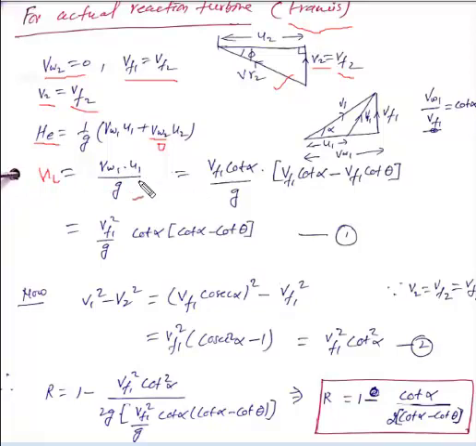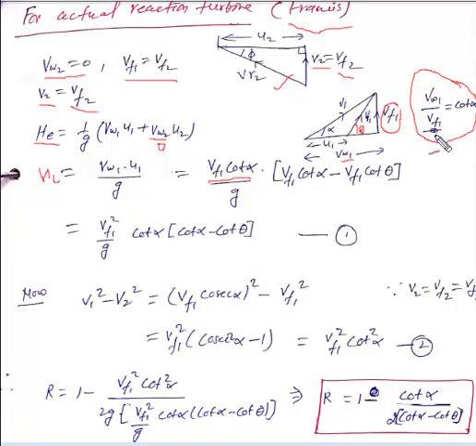Now putting the value of Vw1 from the inlet velocity triangle, here this is Vw1, and here the angle is theta. From this triangle we put the value of Vw1 as Vf1 into cot alpha. From this relationship we get cot alpha is equal to Vw1 divided by Vf1.